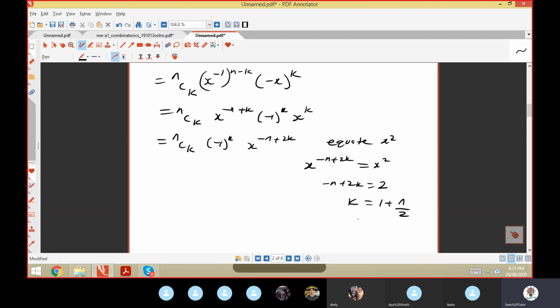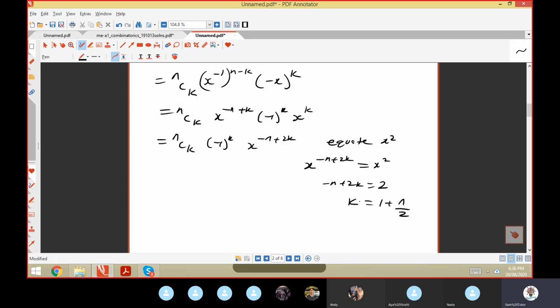Just look at this for a second. Think about what k is usually. Mariette's saying k has to be a full number. It's called an integer, by the way. So k has to be an integer.